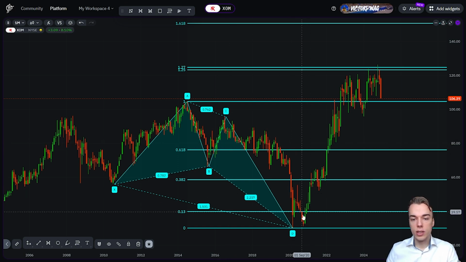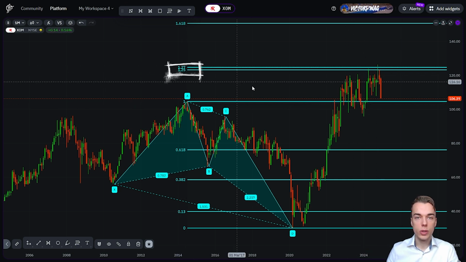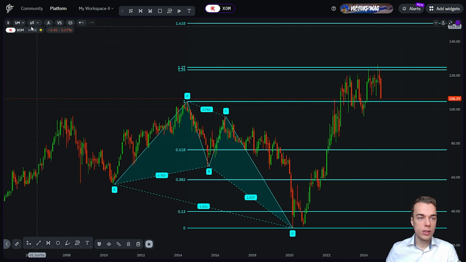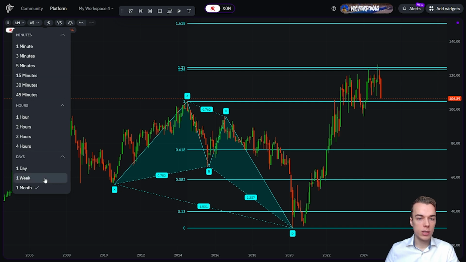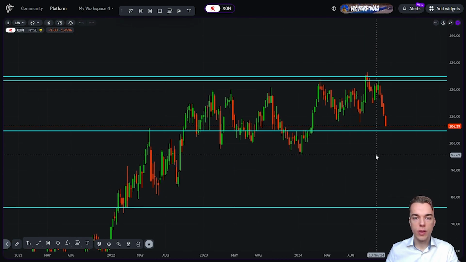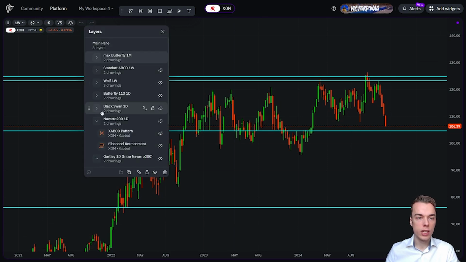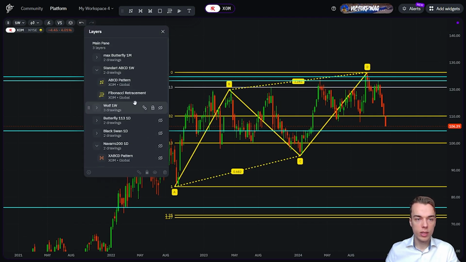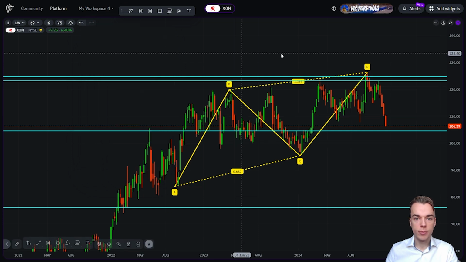Now, since 2020, we've been in a nice uptrend and had a small consolidation over the last 2 years maybe, and finally found our high of this consolidation at the 127 rebound. Since this is a multiple time frame analysis, we'll look at the consolidation right here. And here you can see another harmonic pattern, which is called a standard ABCD. But I'll remove the Fibonacci for a second.